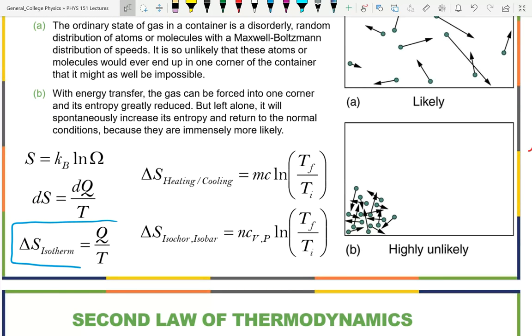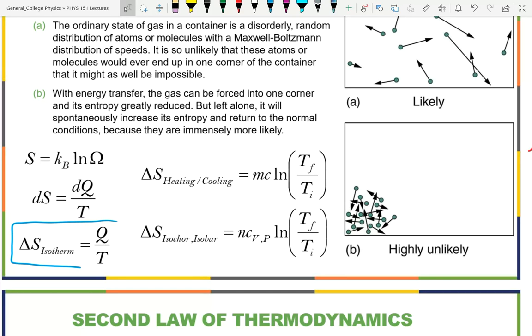So here's an example I like to use, that our textbook likes to use. You can have all of the molecules in a corner and still have the same temperature, pressure, and volume. Or you could have them fill space.